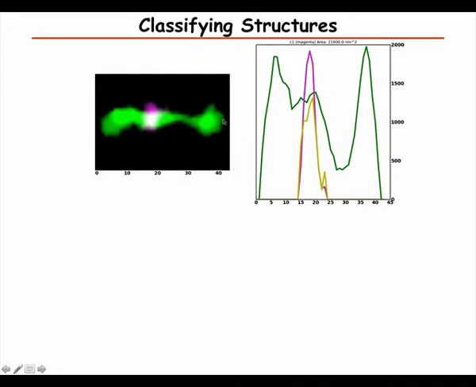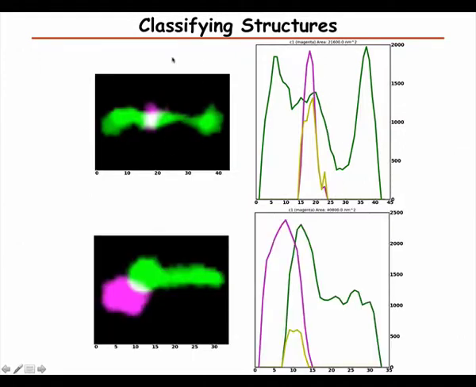So in this case, we looked along the long axis of the green fibers, and again extracted a one-dimensional signal. We looked at the intensity of the green along the axis, and then the intensity of the magenta particle and their overlap.